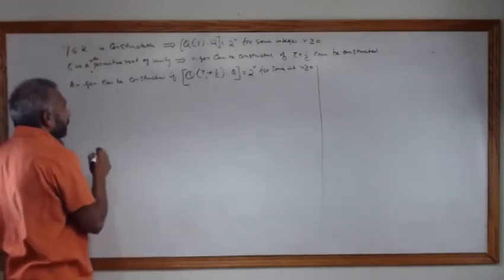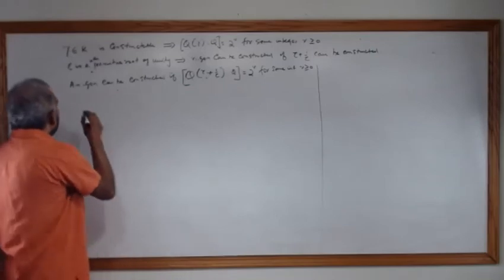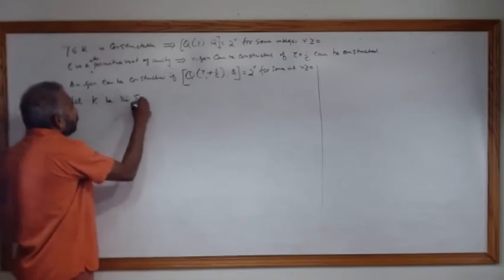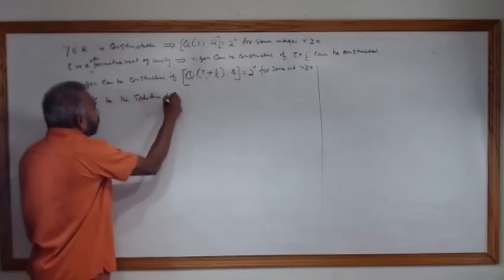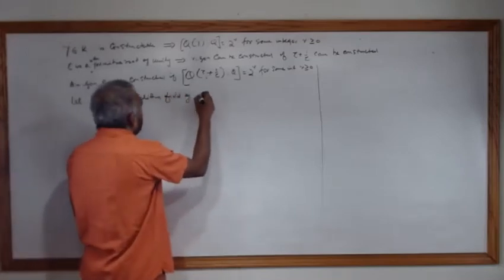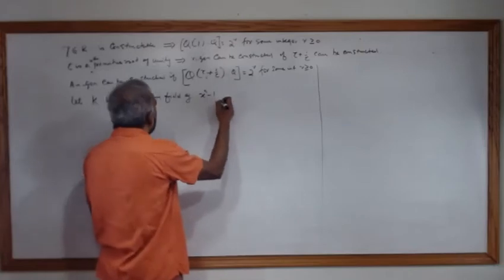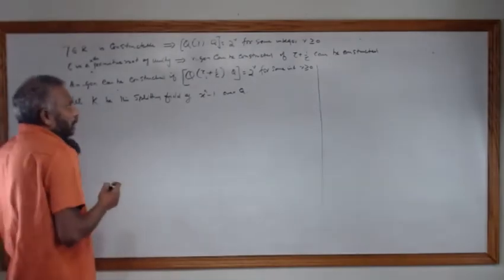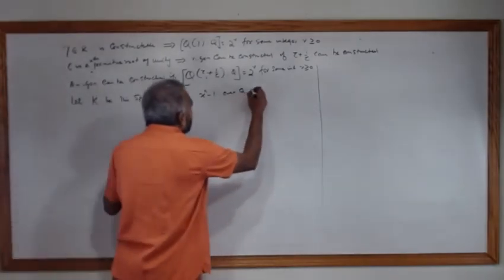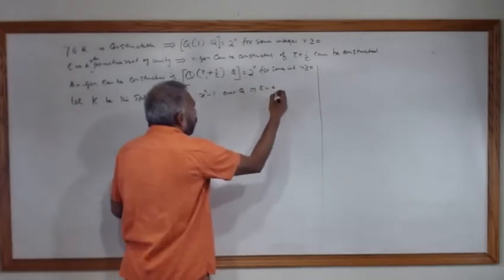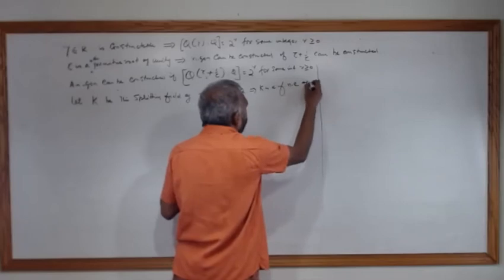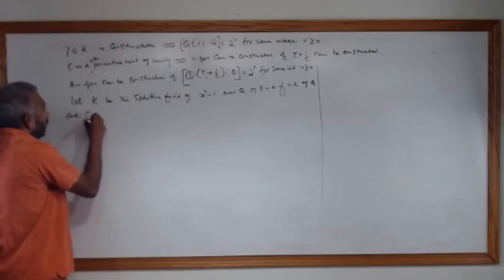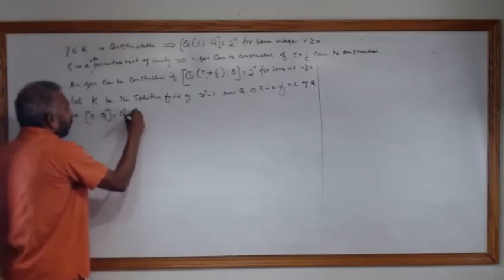Now let us take a splitting field. Let K be the splitting field of x to the power of n minus 1 over Q. That implies K is a finite normal extension of Q. And the degree of K over Q is equal to the Euler phi function of n.